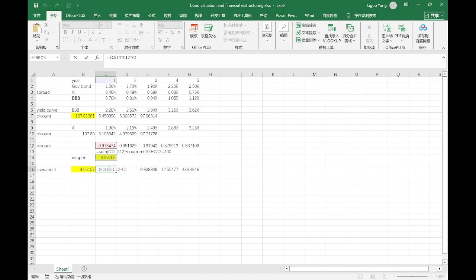The first cash flow, multiply by the discount factor to get the present value, and then multiply by the time, the second year, right? And finally, we sum all these figures up and divide by the present value, which is 100.